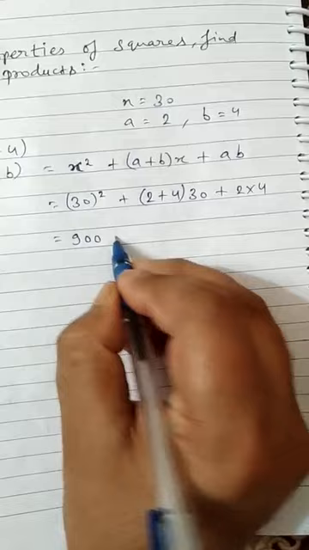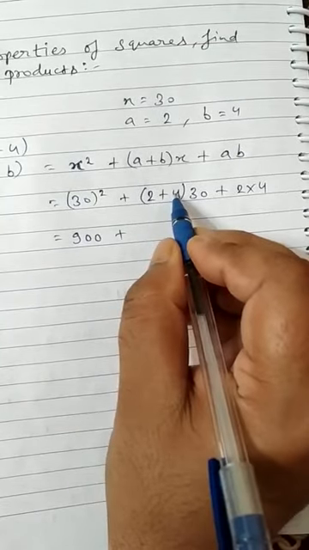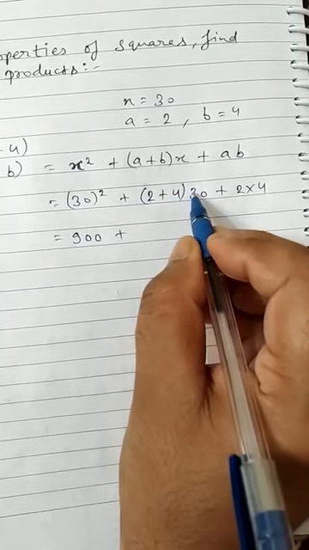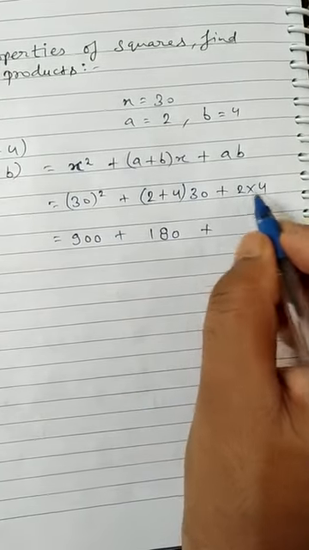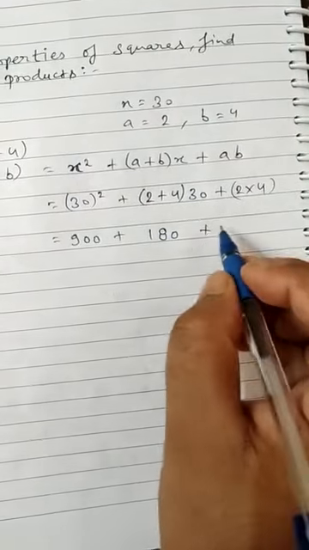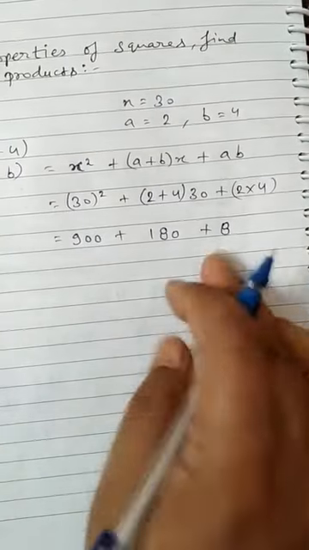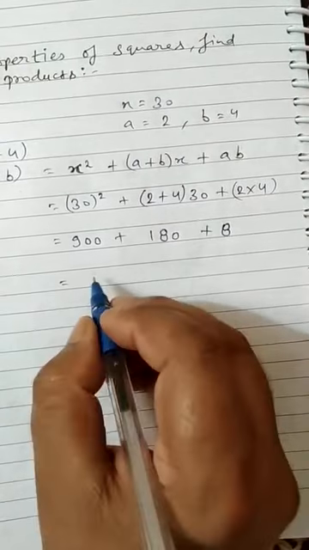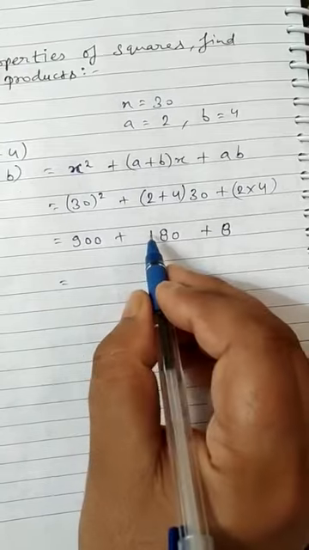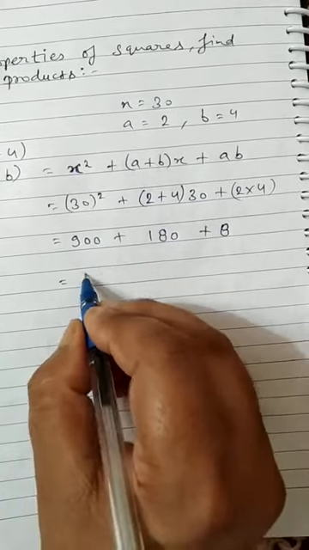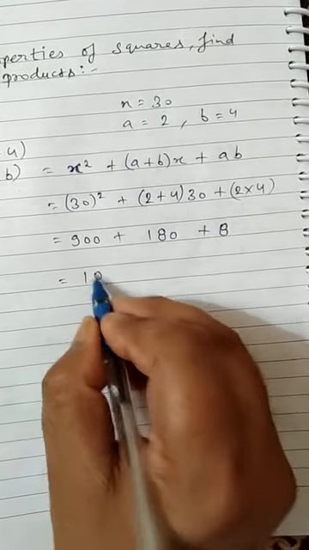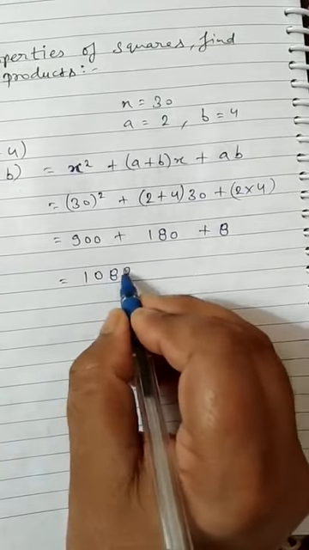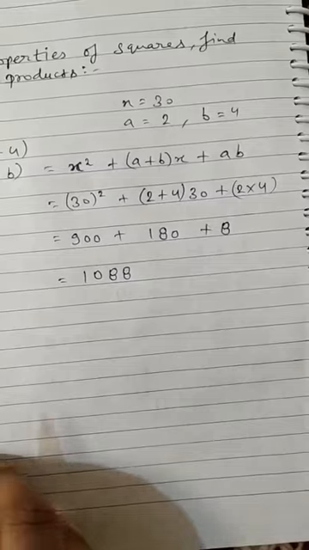You know this. 2 plus 4 is 6 and 6 times 30 is 180. The product of 2 and 4 is 8. When you add these three numbers, 900 plus 180 is 1080 and 1080 plus 8 is 1088. So it is 1088.